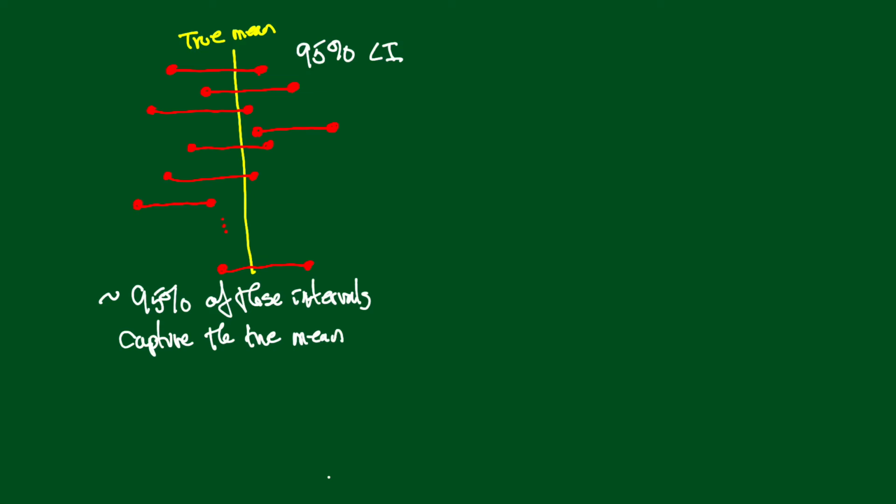So if there were 100 of us doing that, we would expect about 5 of us to miss it. About 95 of us would get an interval that actually captures the true mean and get good estimates. 5 of us would be off because we got unusual samples. But it doesn't have to be exactly 95 and 5. It's just an approximation.